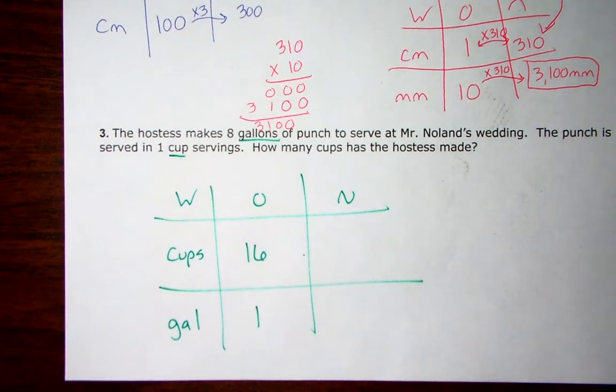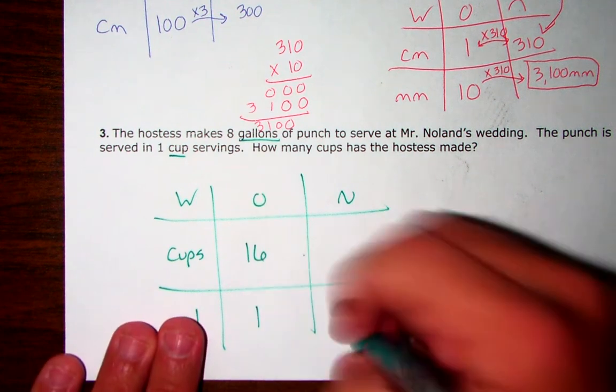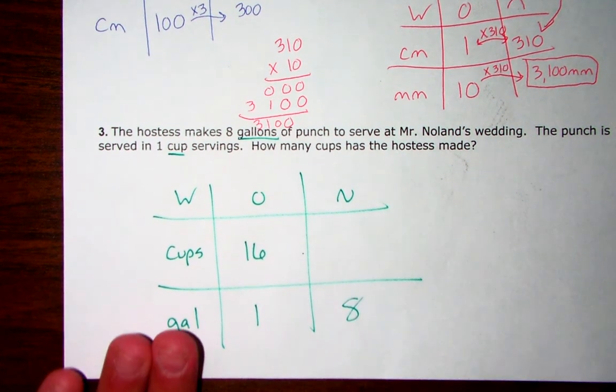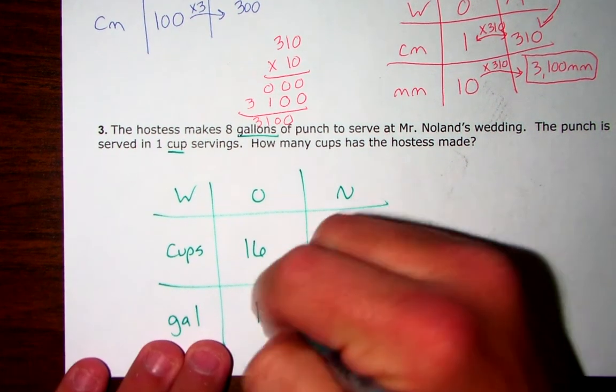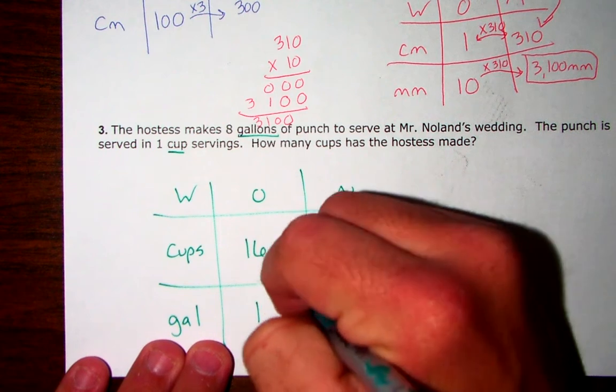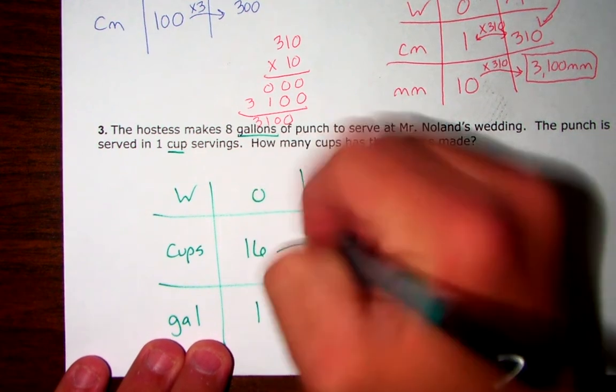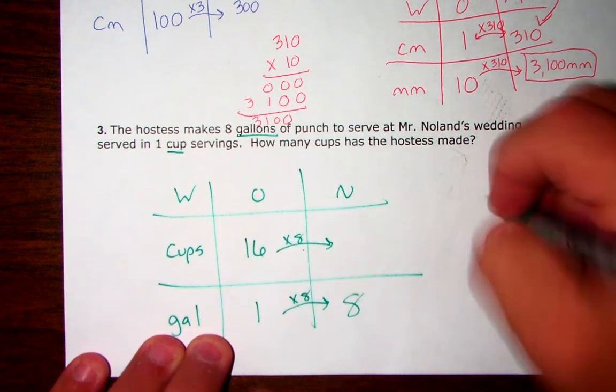Y'all just told me that conversion right there. But I don't want to make 1 gallon. I need to make 8 gallons. So how would you go from 1 to 8? Multiply by 8. So what is 16 times 8?